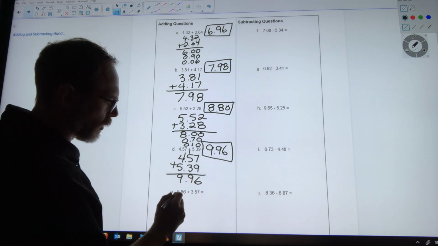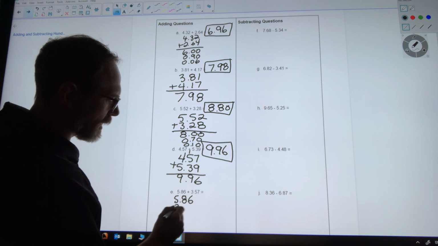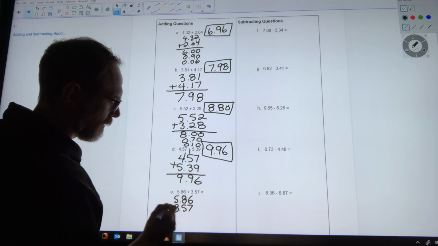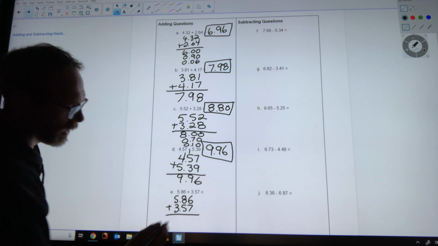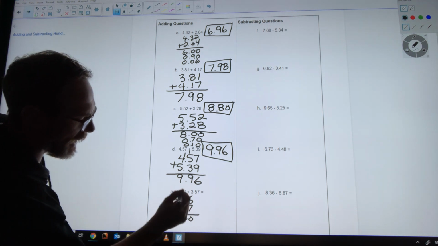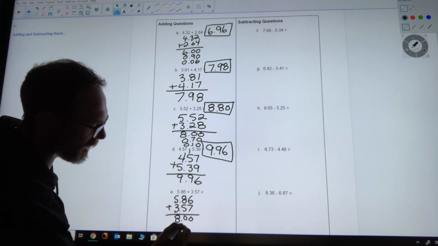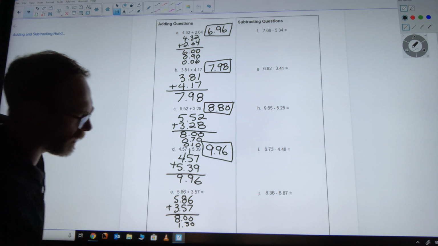Last one, I'm going to do count forward on this one here. So 5.86 and 3.57. I know 5 and 3 is 8. I know 8 tenths and 5 tenths is 13 tenths. That would be 1.30.